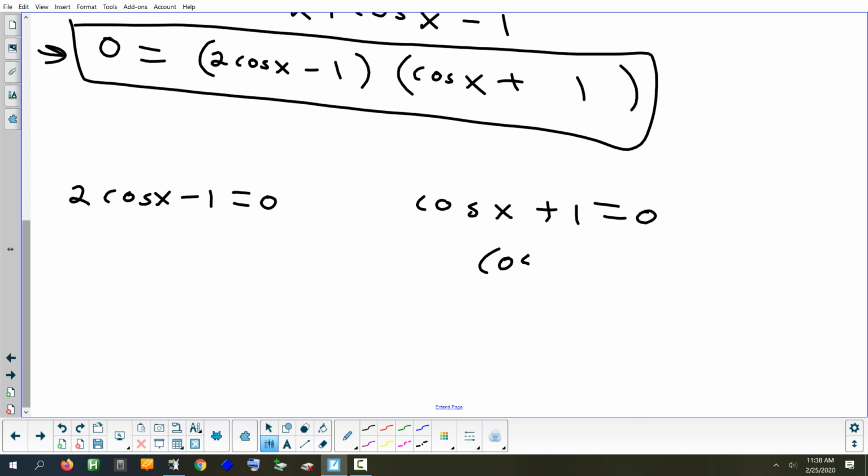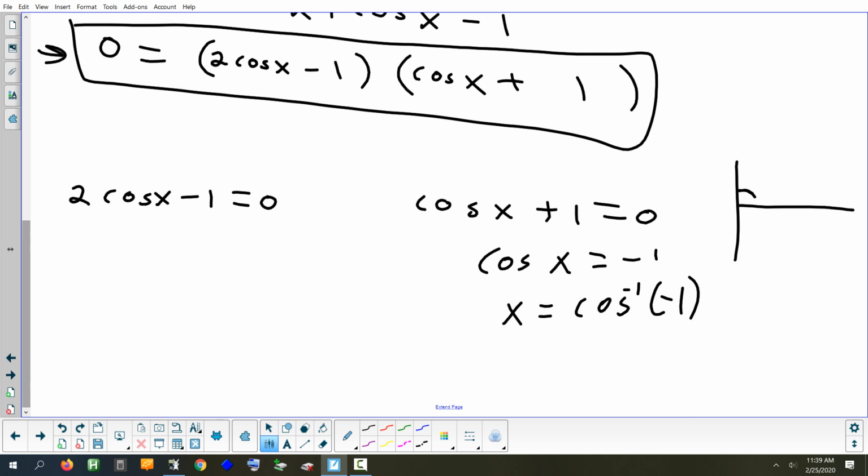So, for this one, cosine x equals what? -1. I think maybe we did sine x equals -1, I don't remember. So x is the inverse cosine of -1. Anytime that this number is a -1, 1, or a 0, draw the picture. Cosine looks like this.